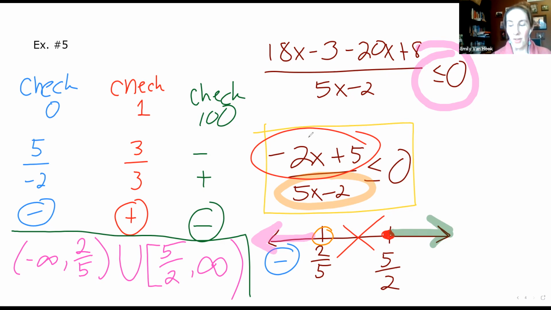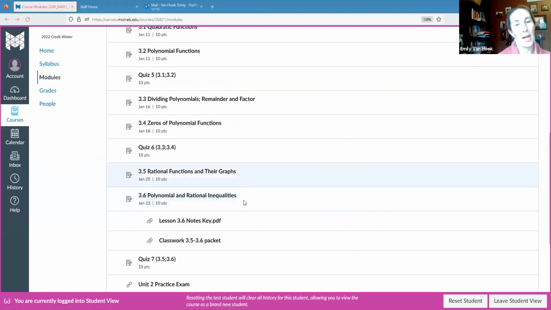Okay, so here's what I'm going to do. I want to show you where all the other fully worked out problems are for the ones that we skipped. So rather than rushing through them right now, I'm going to go show you where the fully worked out problems are. So that means I'm going to go back to Canvas. Okay, so we were just working on the lesson 3.6 notes.